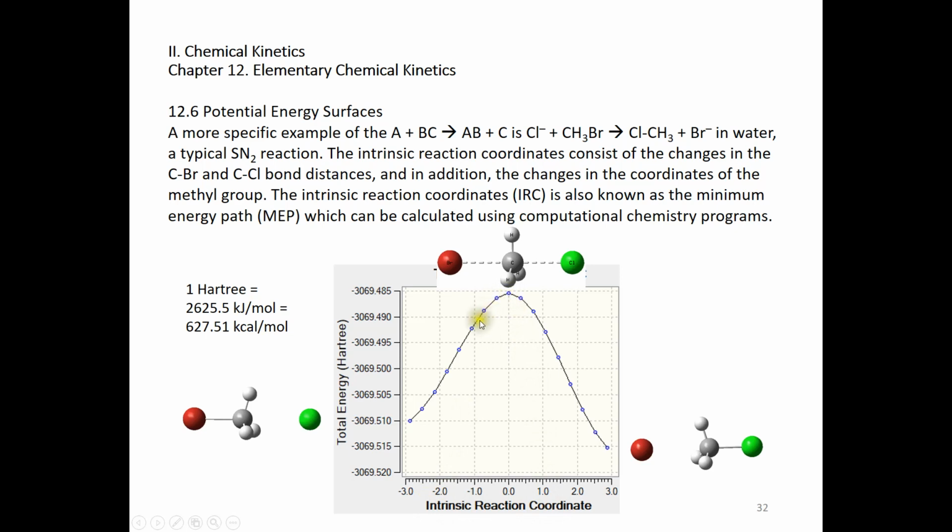We'll get some other structures along this minimum energy path to the left and also the minimum energy path to the right. And now we know more about this entire reaction path, not just the reactant, not just the product, not just the transition state, but some intermediate structures in between.